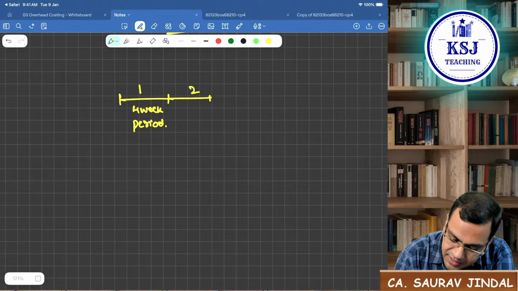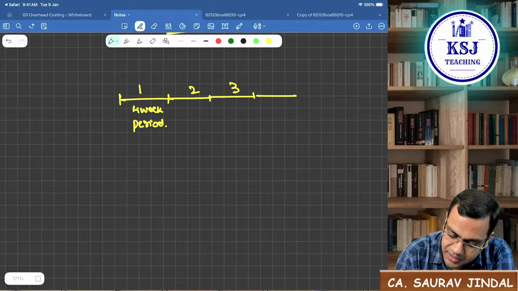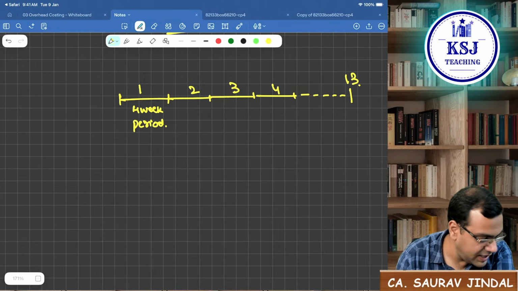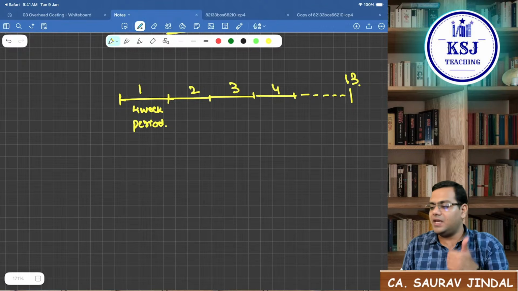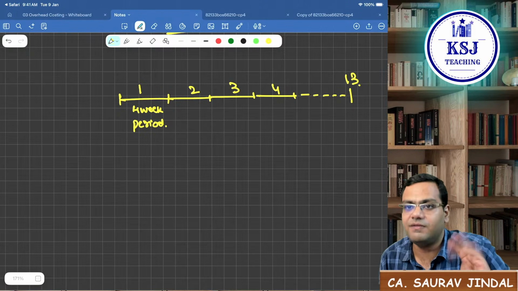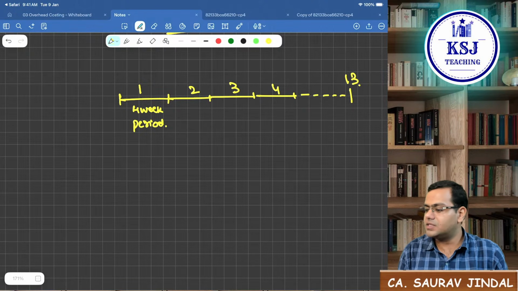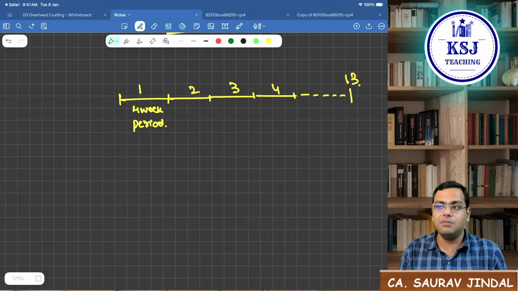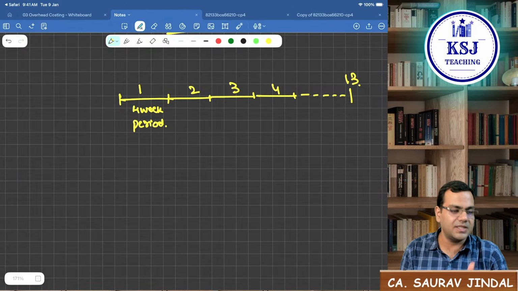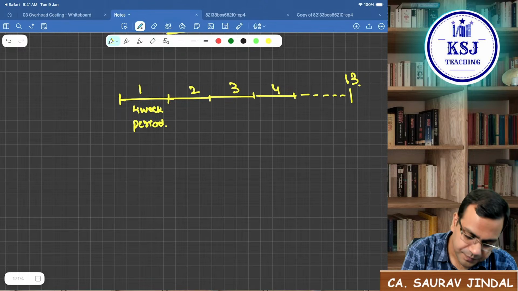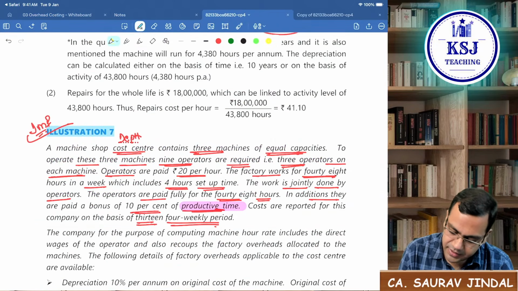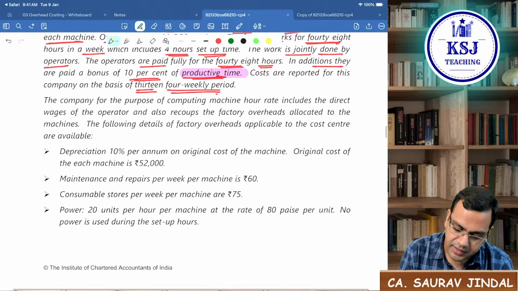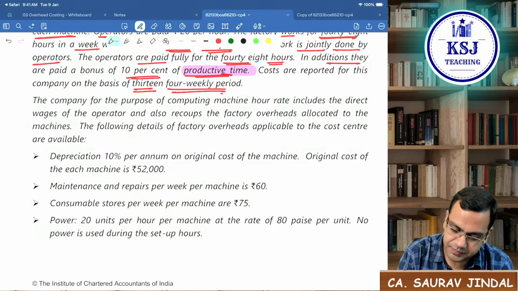Then you have second 4-week period, third 4-week period, fourth period, and so on. You have 13 periods and each period consists of 4 weeks. This is the meaning. Clear? Okay.